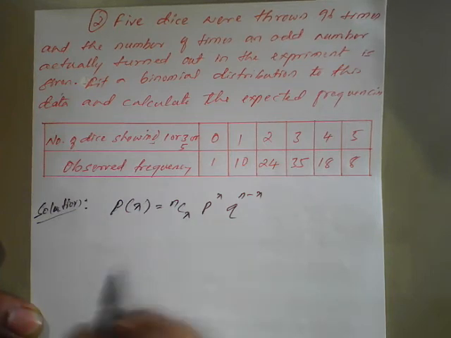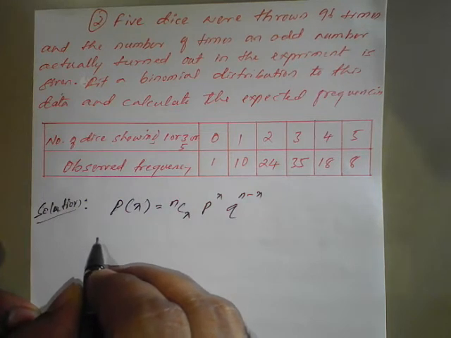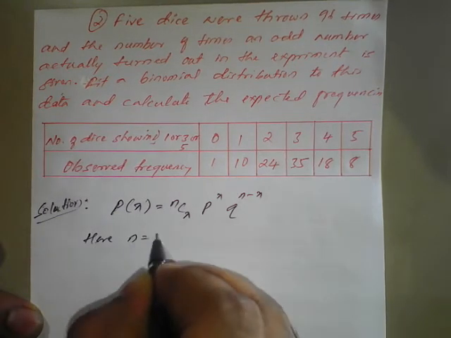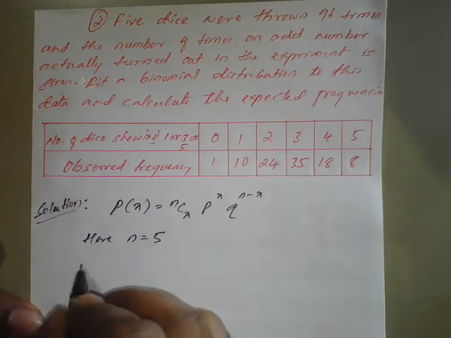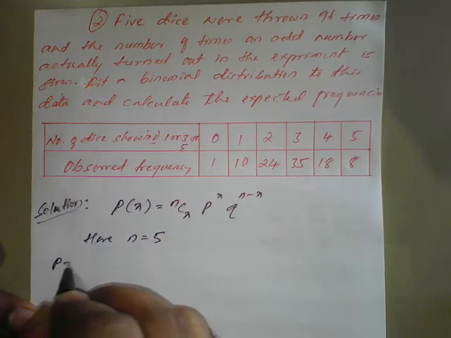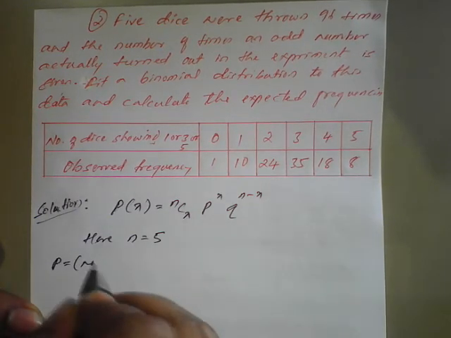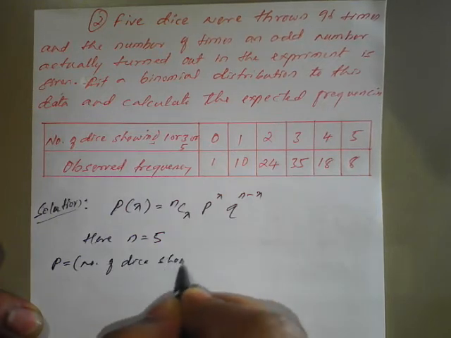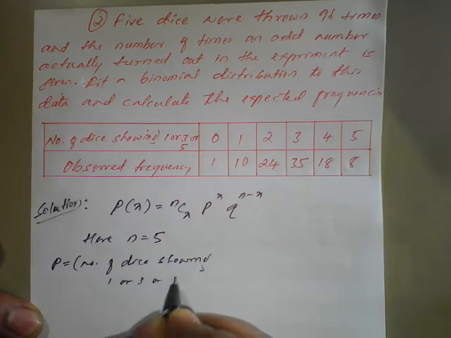First, n is how many here? n is 5, because 5 dice are being thrown. Next, p. p is the probability of a die showing 1 or 3 or 5.